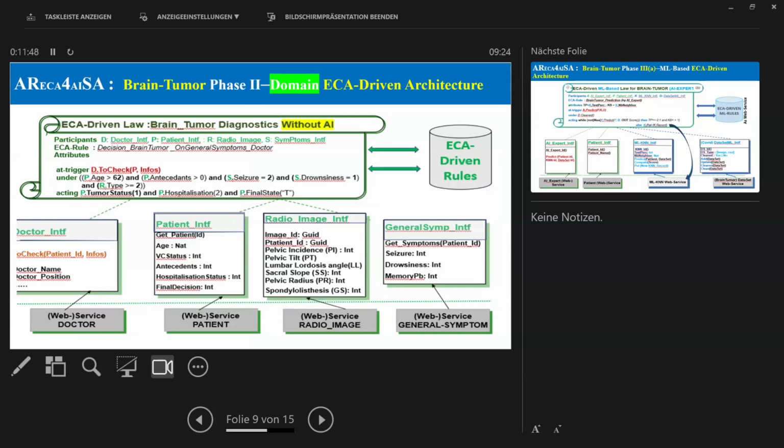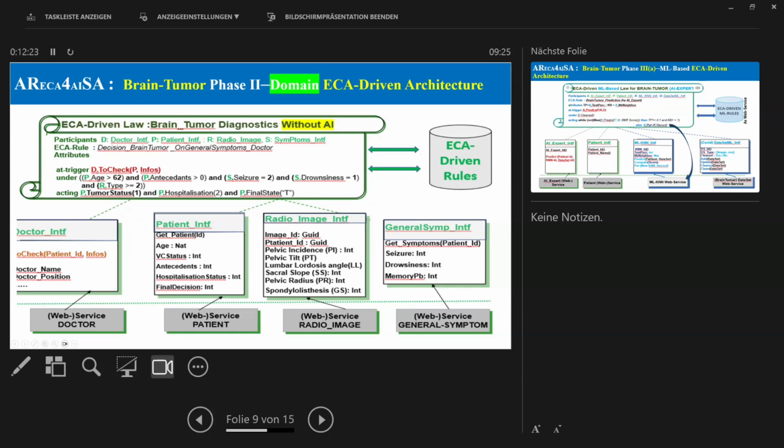We put them together in an architectural way. That means we have the connector, what's called the connector glue, or the body of the interaction. For instance, we have the doctor's interface and the web services: doctor, patient, radio image, general symptom. This informal rule can be formalized in a precise way.